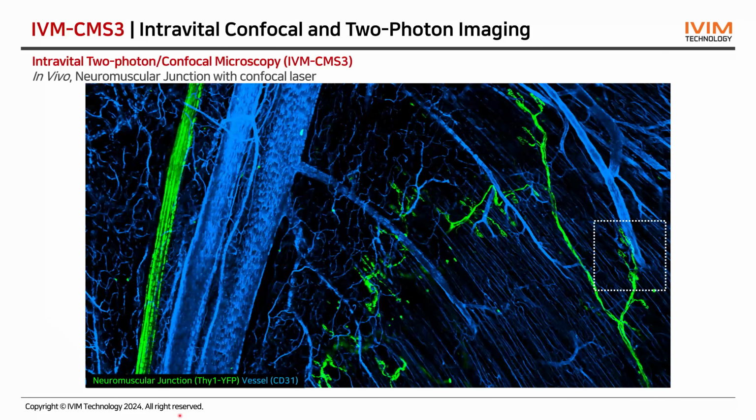In this slide, I'd like to emphasize the dual mode usage of confocal and two-photon laser. We obtained this neuromuscular junction within a Thy1-YFP transgenic mouse, expressing endogenous GFP in neurons, and blood vessels were labeled with anti-CD31 antibody conjugated with a fluorophore in blue. With only the confocal laser, we see the neuron and the blood vessel with fluorescent signal.